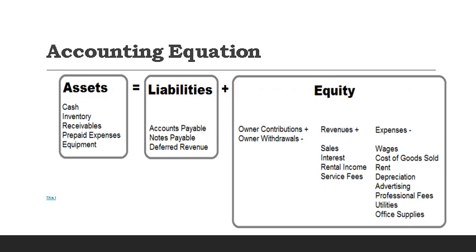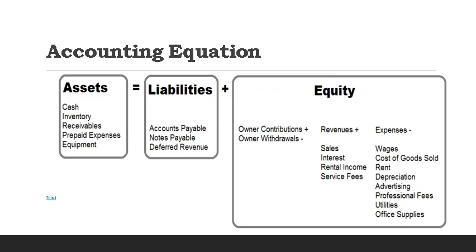So that is the importance of the accounting equation, whether for a micro business, small, medium enterprise, or corporation. You understand your balance sheet, you can identify your income statement, and your cash flow statement. So let's go to the accounting equation.